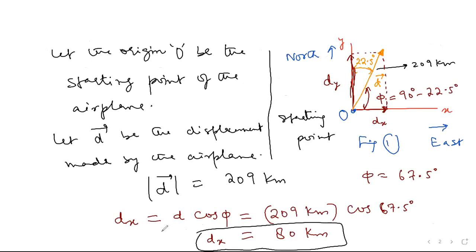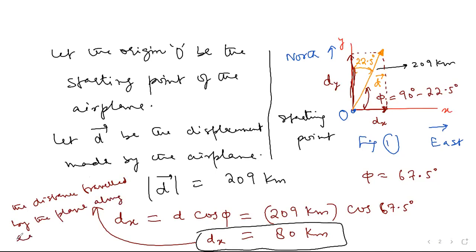So it is the distance traveled by the plane along east from its starting point, right?